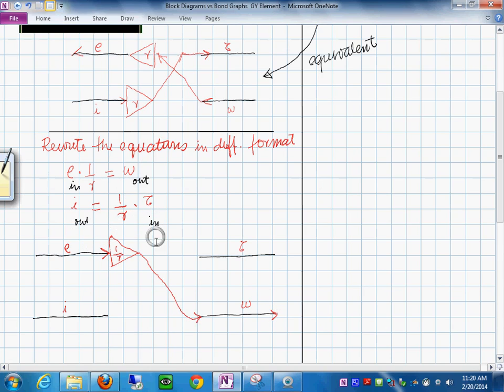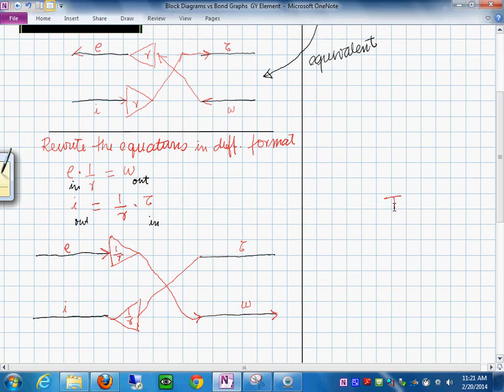And this other one has the current I as the result of tau multiplying by 1 over R and coming out with I. So this is the representation.